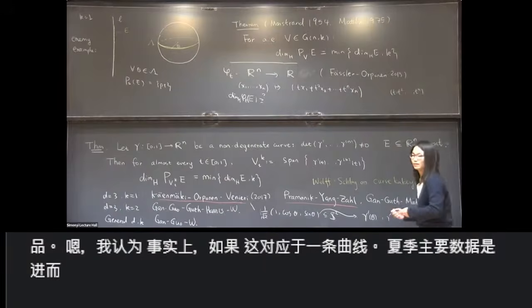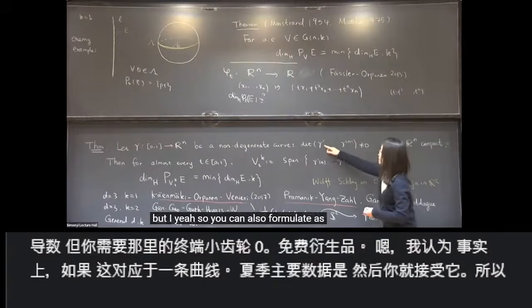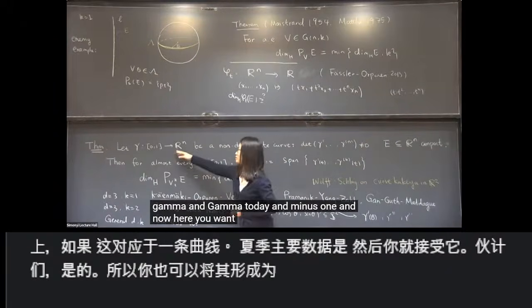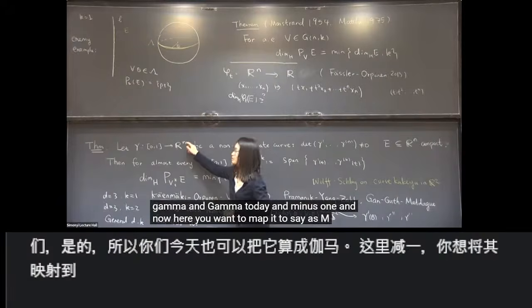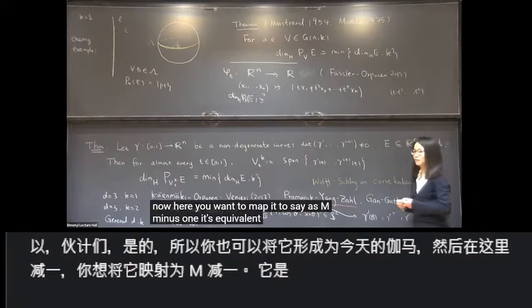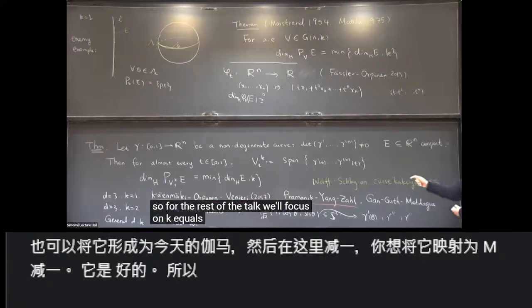So you can also formulate it as gamma up to gamma to the n minus 1, and now here you want to map it to R^n minus 1. It's equivalent. Okay. So for the rest of the talk, we'll focus on k equals 1.